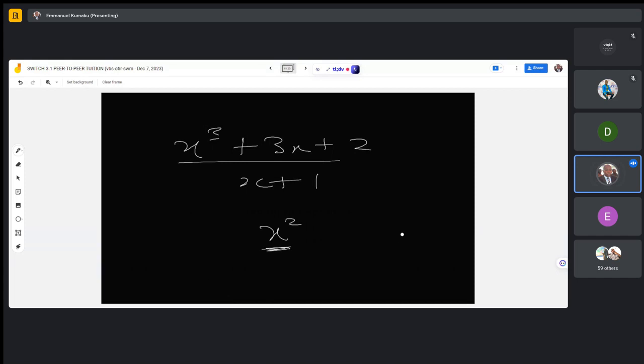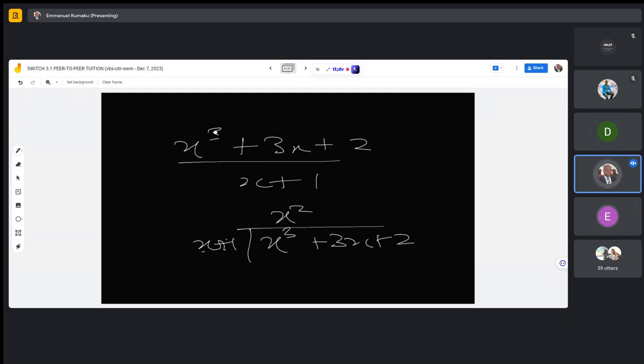Let's attempt to perform this division. x cubed plus 3x plus 2, then x plus 1. This goes here, x squared times. So whatever I'm going to get here will not be a line, it will be a quadratic equation. I hope you get it. So the difference should be 1.